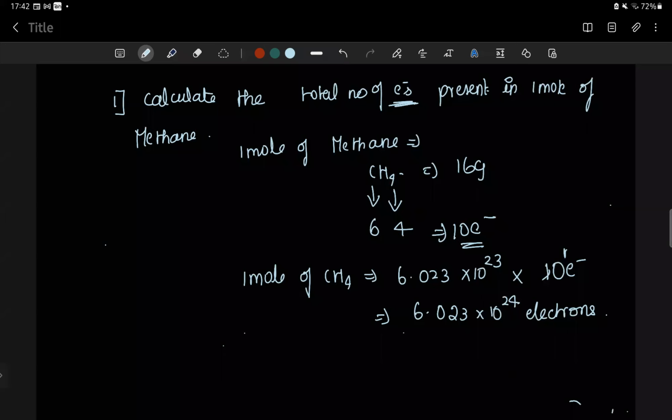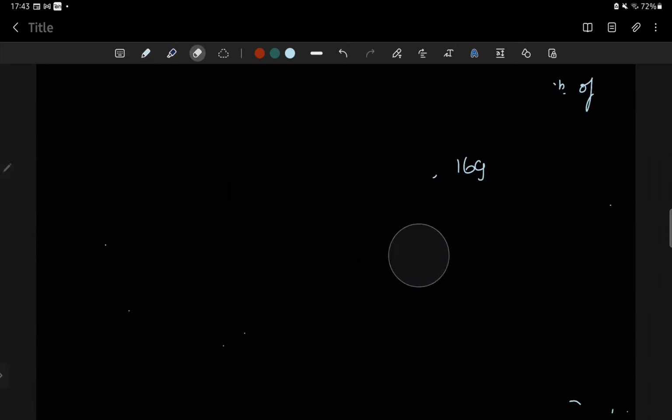So actually they are asking for neutrons, correct? Neutrons is nothing but the difference between the mass number and atomic number. Here they have given carbon 14 as an isotope. I think everyone knows what an isotope is, correct? Isotopes will have the same atomic number, with a difference in their mass number.